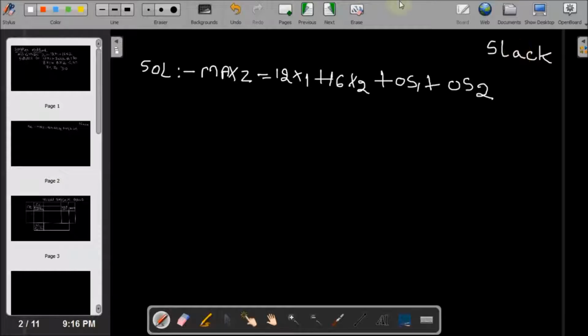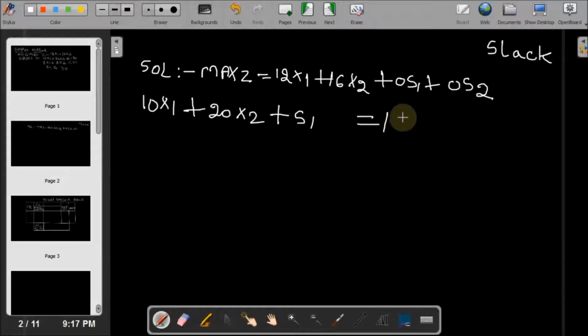In the same way I have to add slack variables for my constraints also. 10x1 plus 20x2 plus s1 is equal to 120.